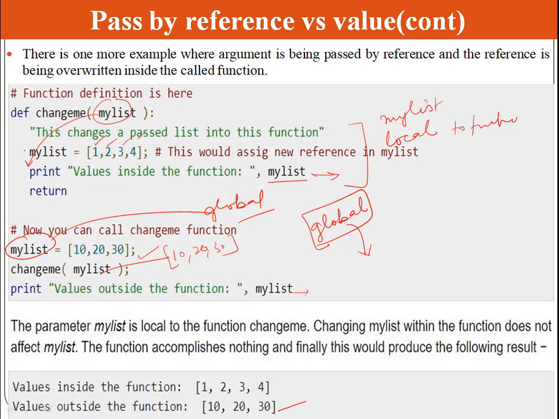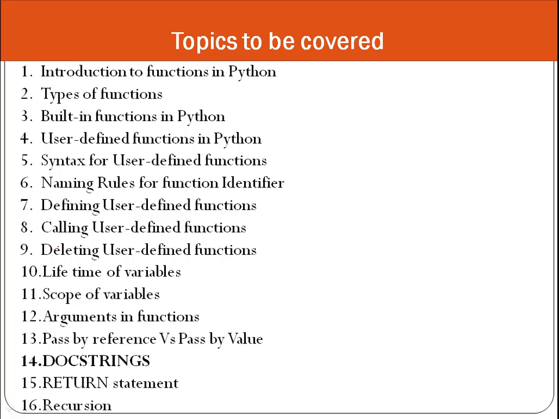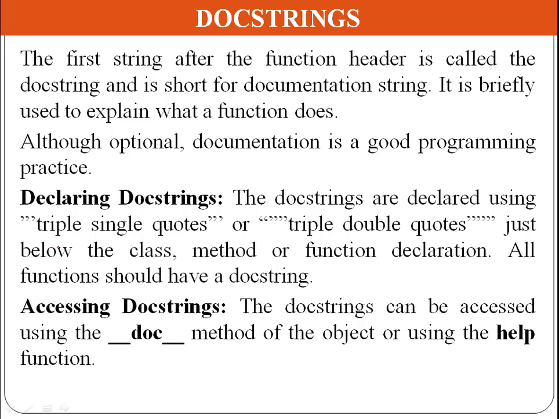So doc strings. We have already seen that whatever information you want to display corresponding to the function, doc strings are declared using triple quotes just below the class or method or function declaration.